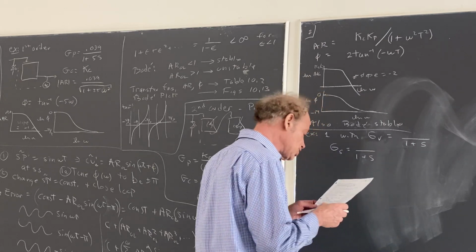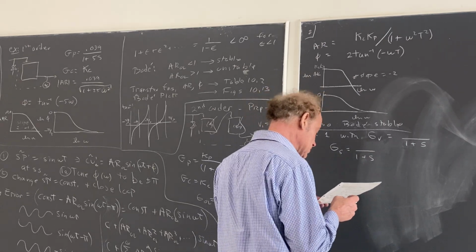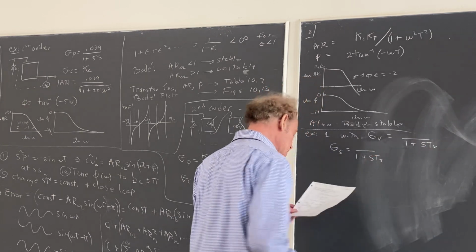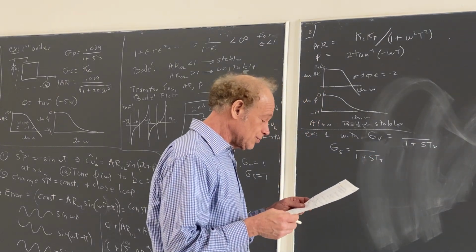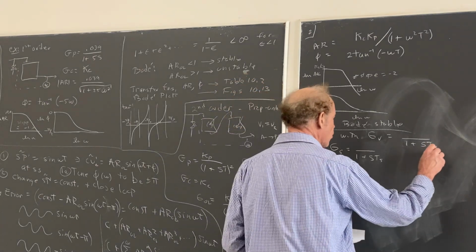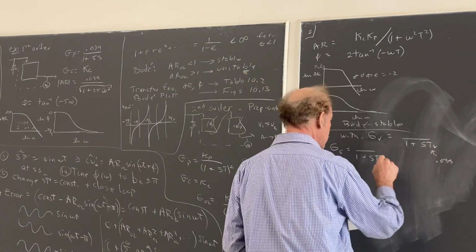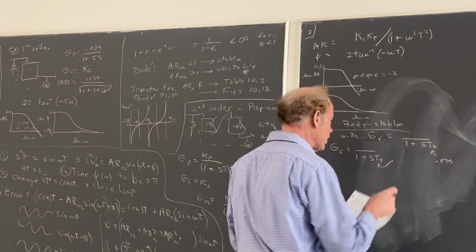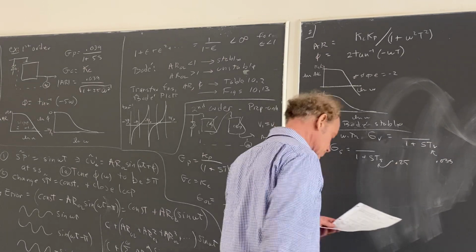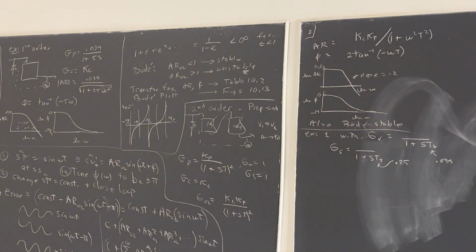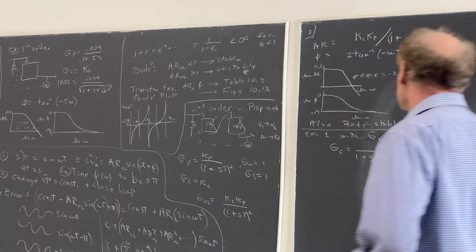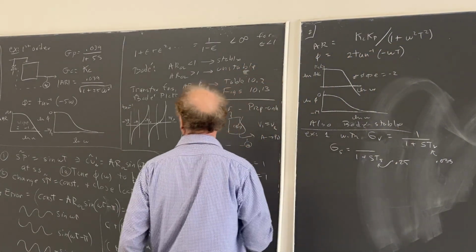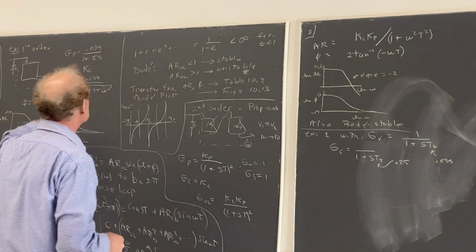Well, let's do the GV first. 1 plus s times tau V, and tau S for the sensor, and then I'll give you numbers for them. So I make tau V 0.033 and tau S 0.25. So let's look at G open loop. So GV, GS, everything else is the same as example 1.